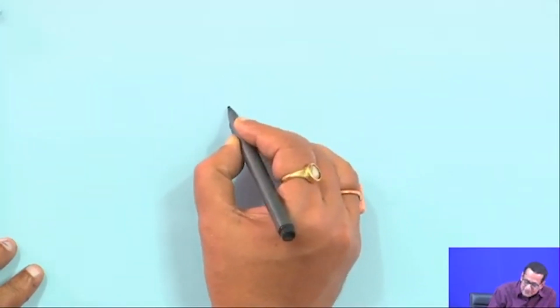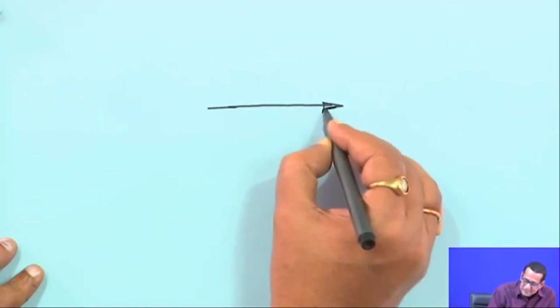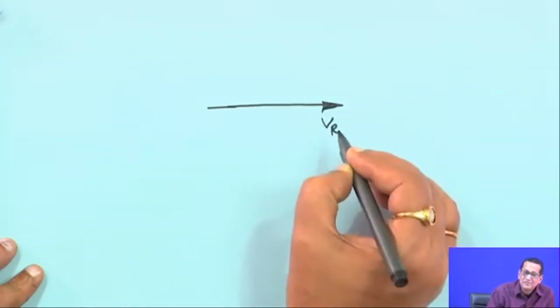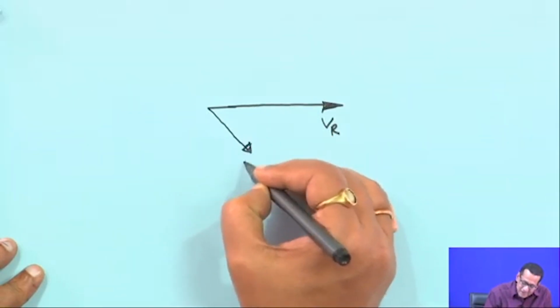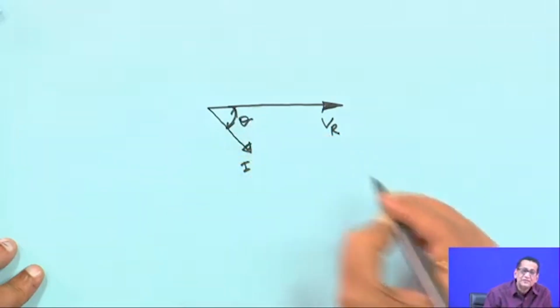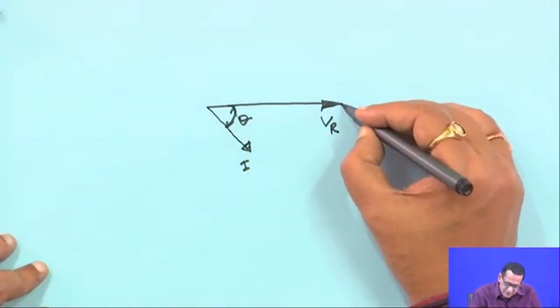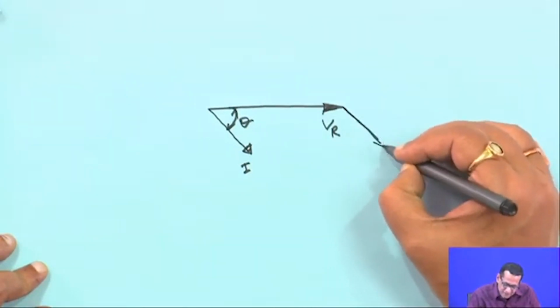Then if you take this as reference, this is my VR and current is lagging. So, this is my current I, this angle is theta, and this is parallel to this line.